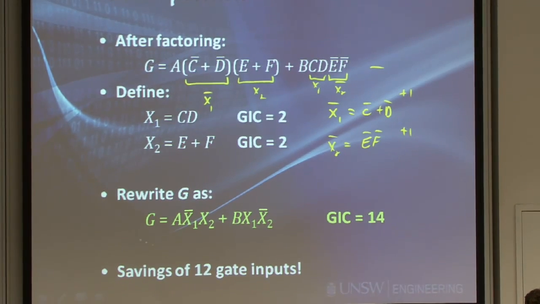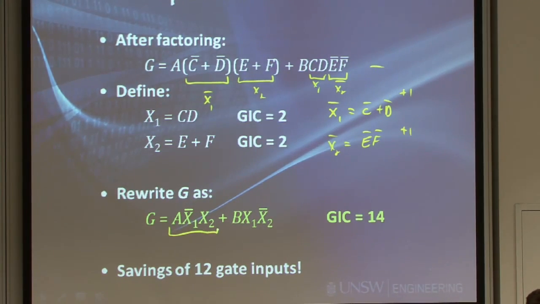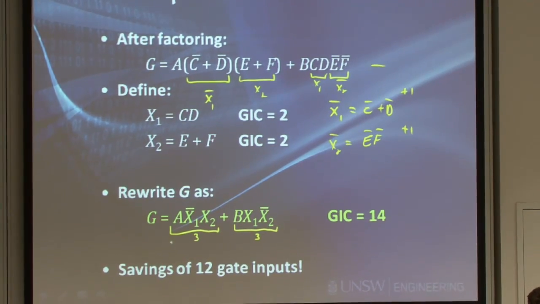So this whole term here, if we just treat x1 and x2 as variables, we have a 3-input AND gate, a 3-input AND gate here.